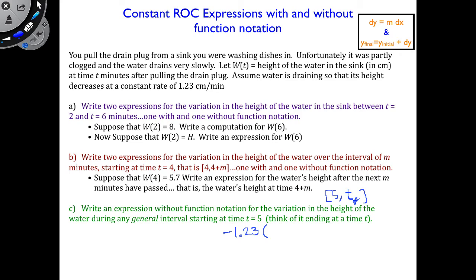T minus 5, right. So just like time 2 through 6 was 4 minutes, 6 minus 2 is 4, or 4 through 4 plus m is m minutes, final minus initial. The length of this interval, 5 through t, or the change in the independent variable, generically referred to as dx up there, x final minus x initial, but whatever the symbols are, independent variable final minus initial would be t minus 5.